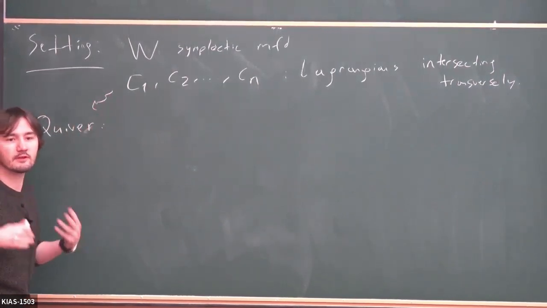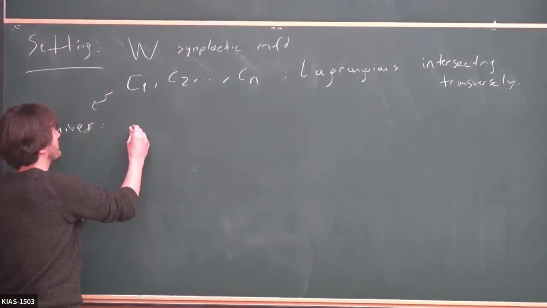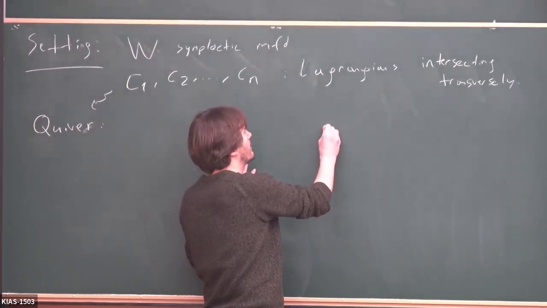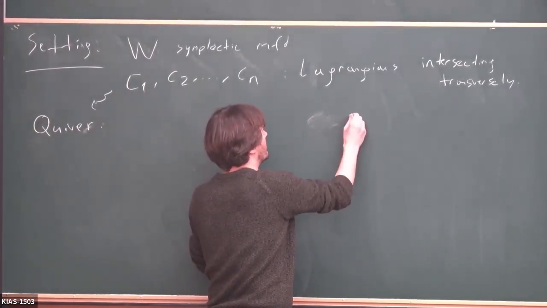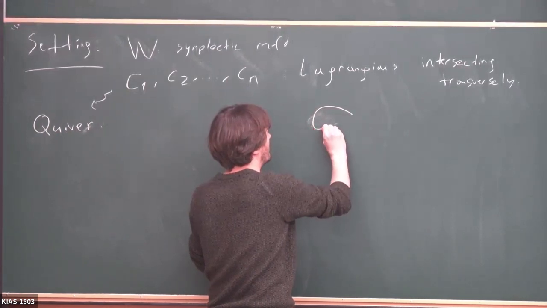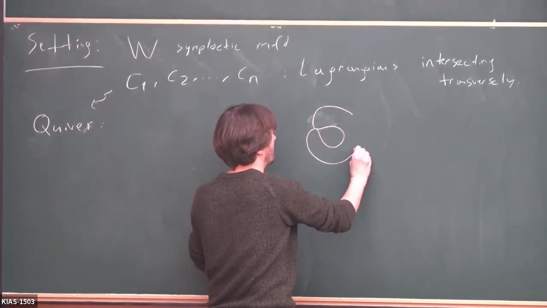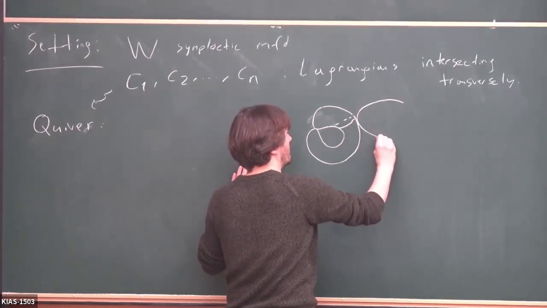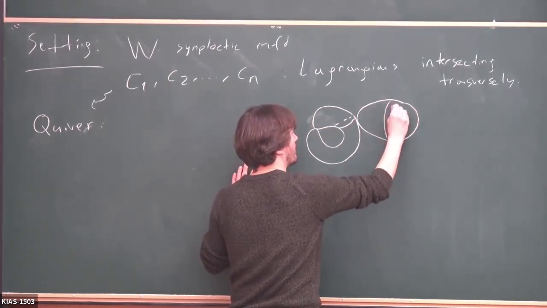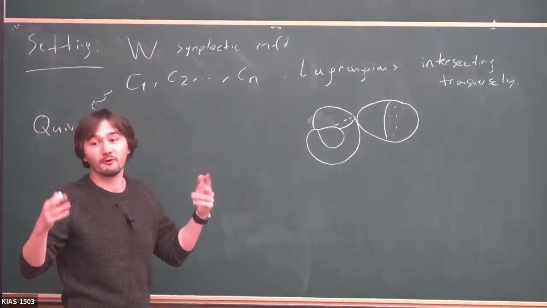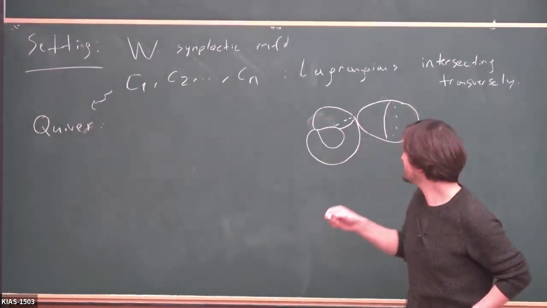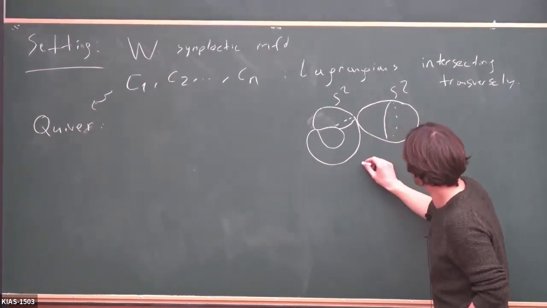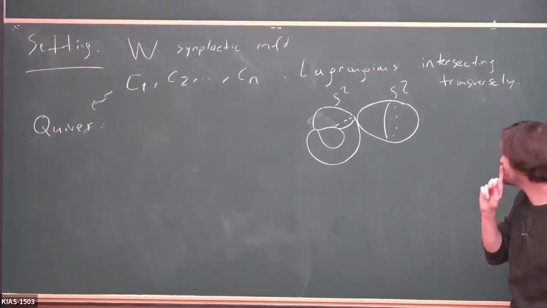Just remembering how this intersection is happening. So let me draw a picture. Let's say in this manifold, we are considering two-dimensional Lagrangians. I may mess up this picture, one second.